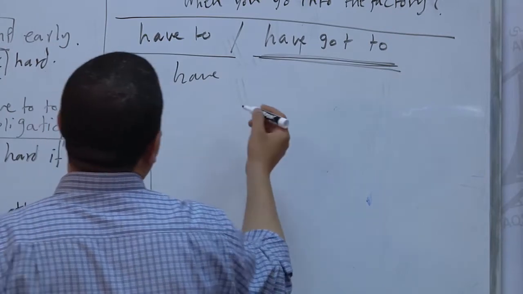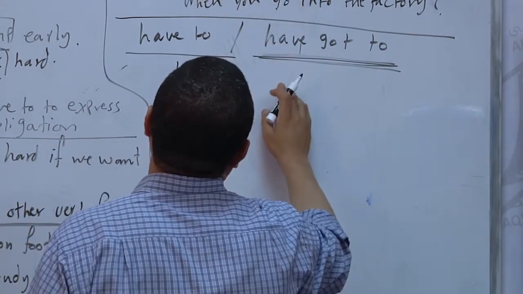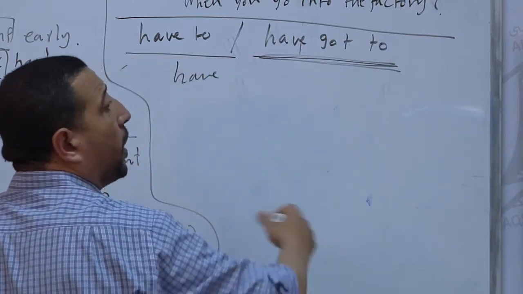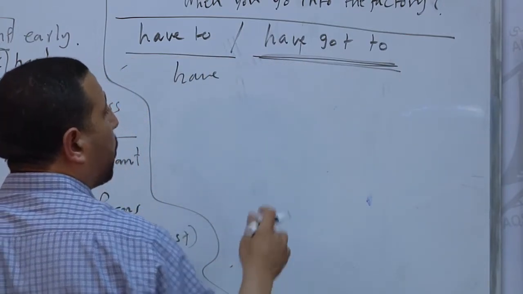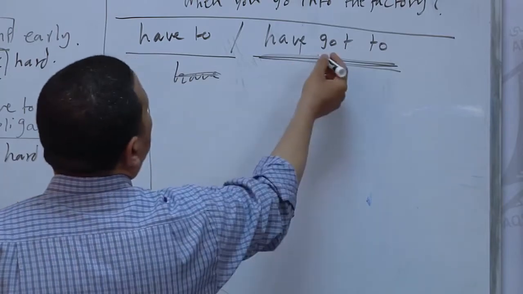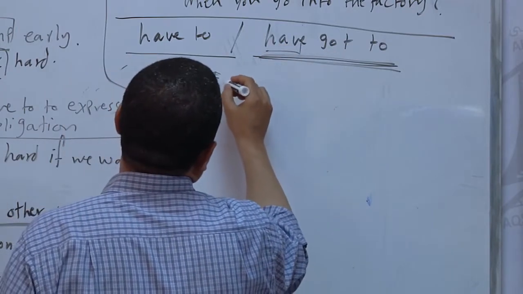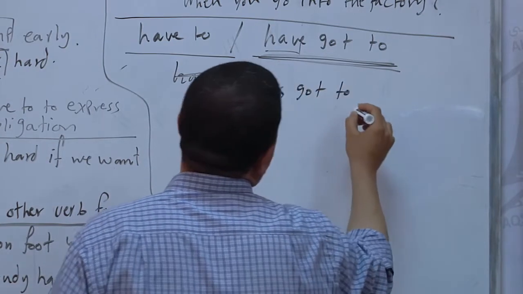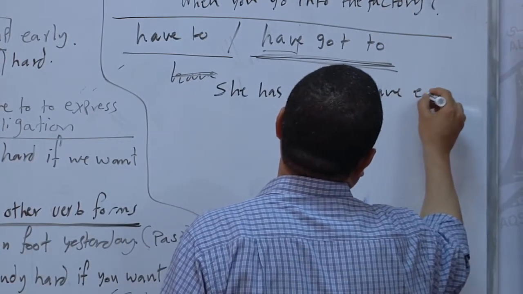In the question, it's clear for have to. But for have got to, we cannot say do, does, doesn't. We just use have. That's why we say she has got to leave early.